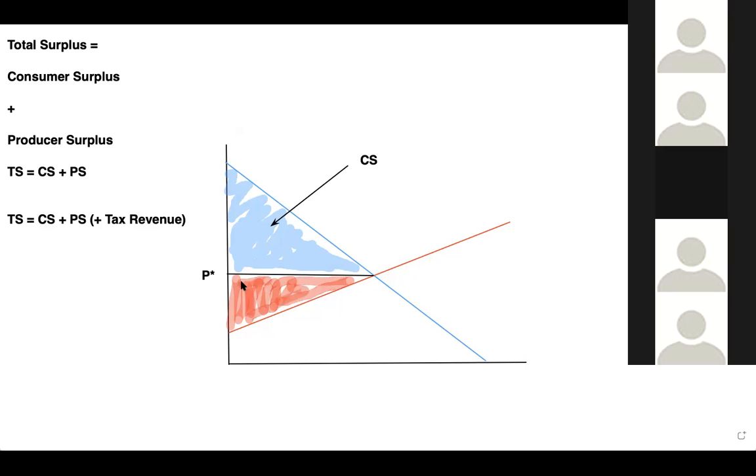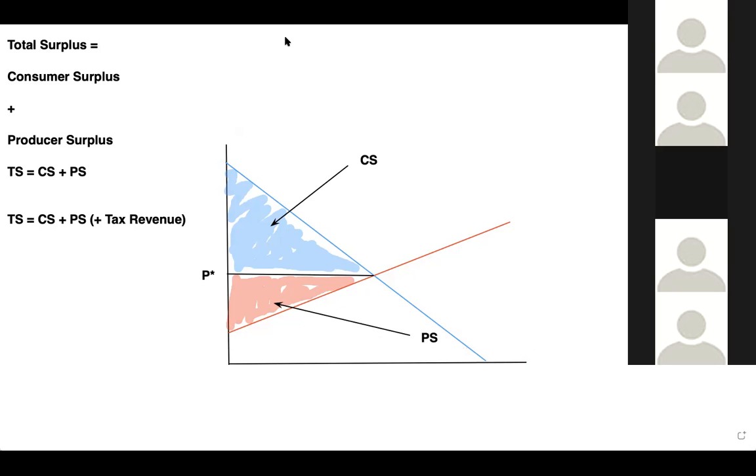And all of this area here is the area above the supply curve and below the price that the sellers are receiving for the good, which in this case is the equilibrium price. That's producer surplus.